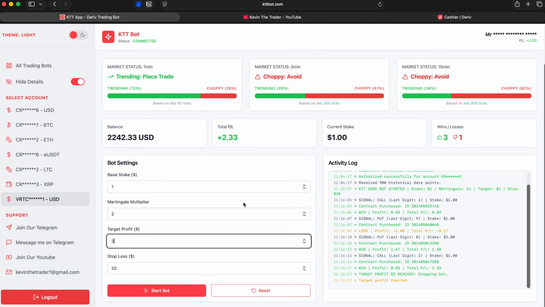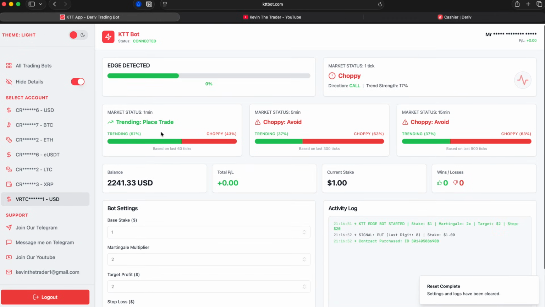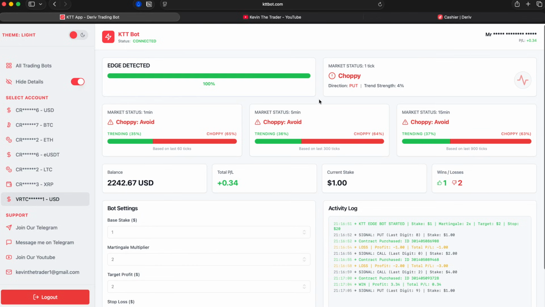Now, let me show you something. Let me reset here and then restart the bot, because I started the bot when the market was choppy. That's why I lost the first one. The market is still choppy. I've lost the second one. The market is still choppy, that's why I'm still losing here, because I didn't look at this point, right?